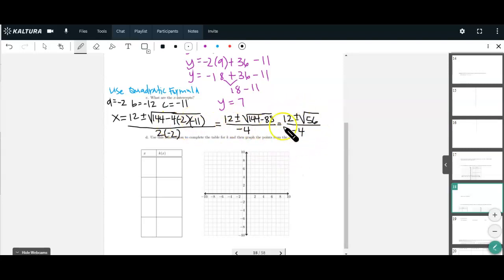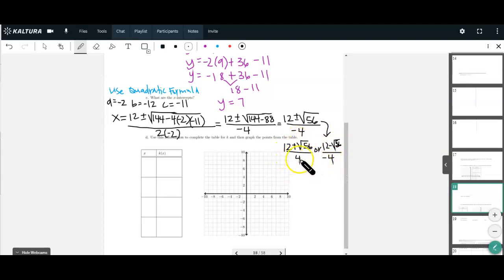Sometimes, if you wanted to, you could change it to decimal approximations by putting it into your calculator. So we'd be doing 12 plus the square root of 56, all divided by -4. And then you'd also do 12 minus the square root of 56, all divided by -4. That's 56 inside there.